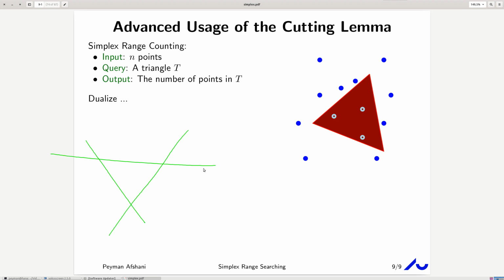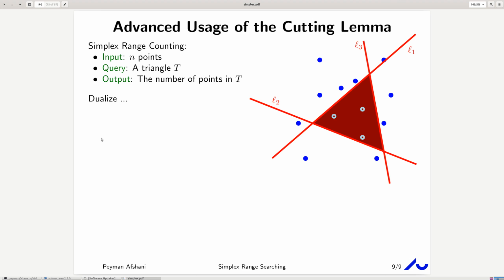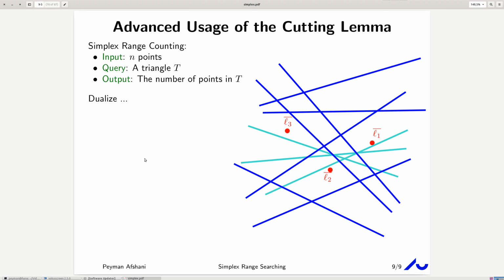So here you could have below L1, above L2, and above L3. So in general, you get 3 lines, and then you have some above and below relationship with respect to each line. When you dualize it, you get something like this. Again, the exact situation might change, but given a fixed query triangle, you would know what it is that you want.